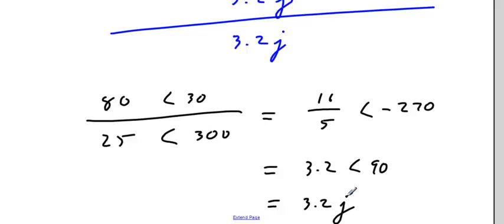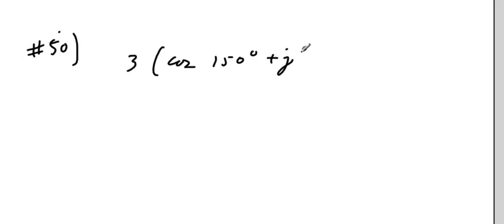Oh, bummer, look at number 50. What are we going to do about that? 3 cosine 150 plus j sine 150, cubed.